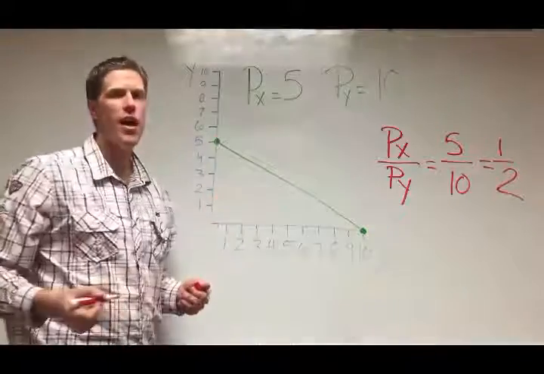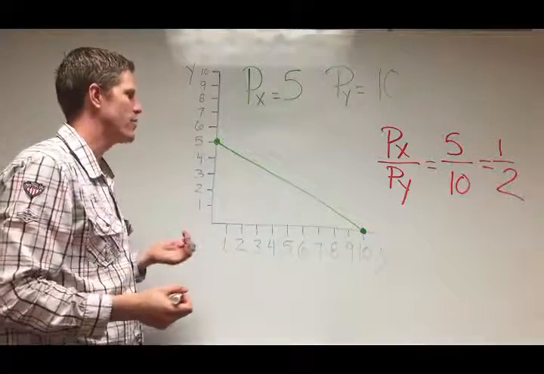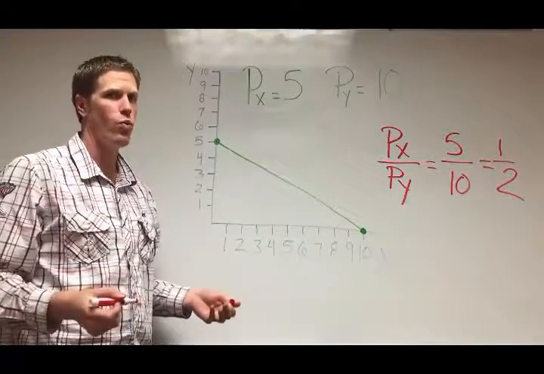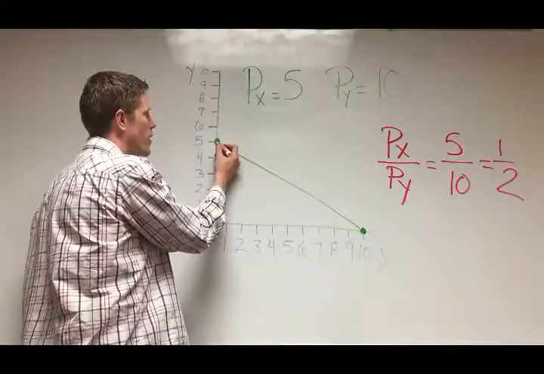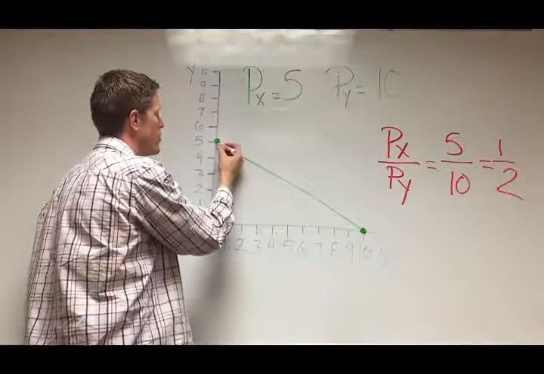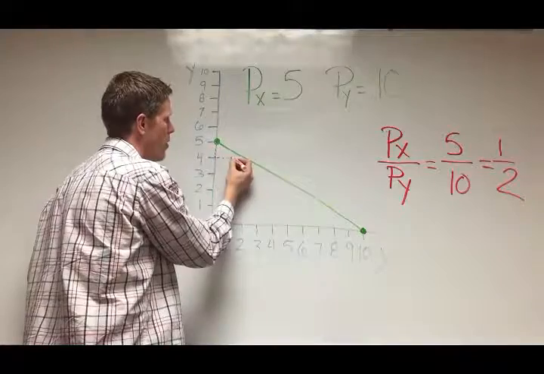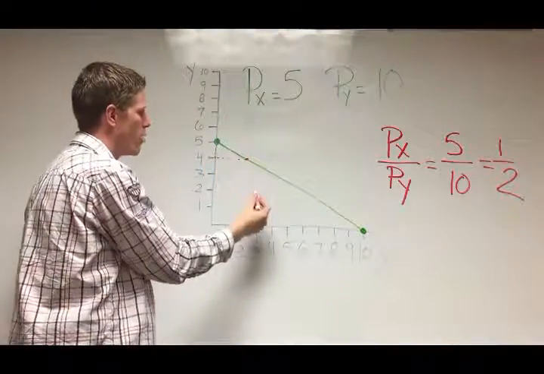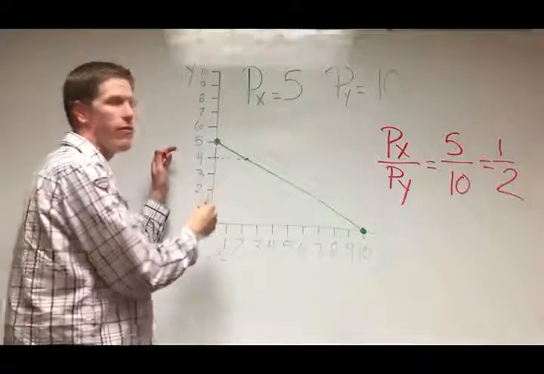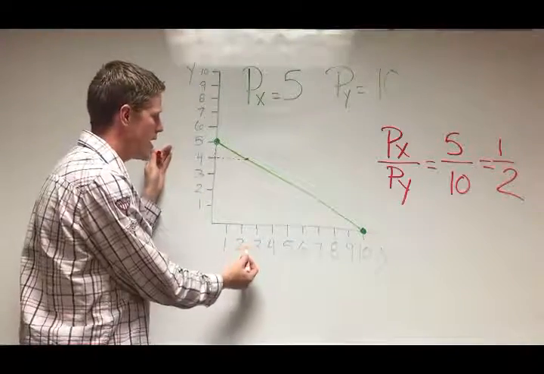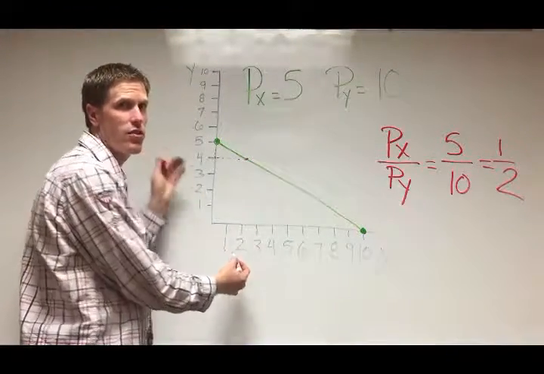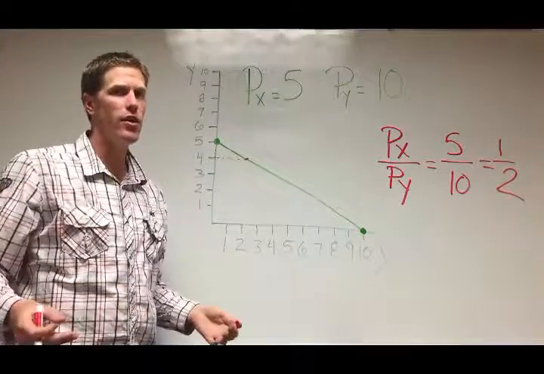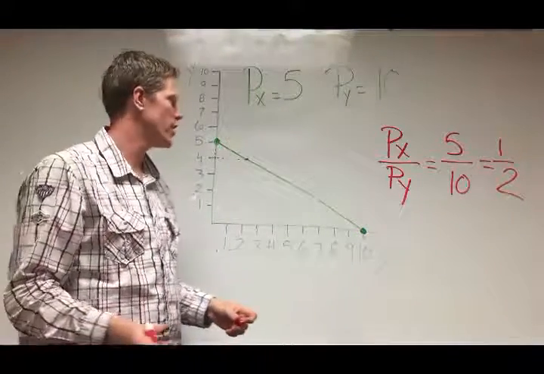So if we start at y equals 5 and x equals 0, and our slope is 1/2, what we're going to do is go down 1 and over 2, so we should end up at 4, 2. So we have 4 units of y and 2 units of x. That would be a bundle of goods that we could afford to consume.